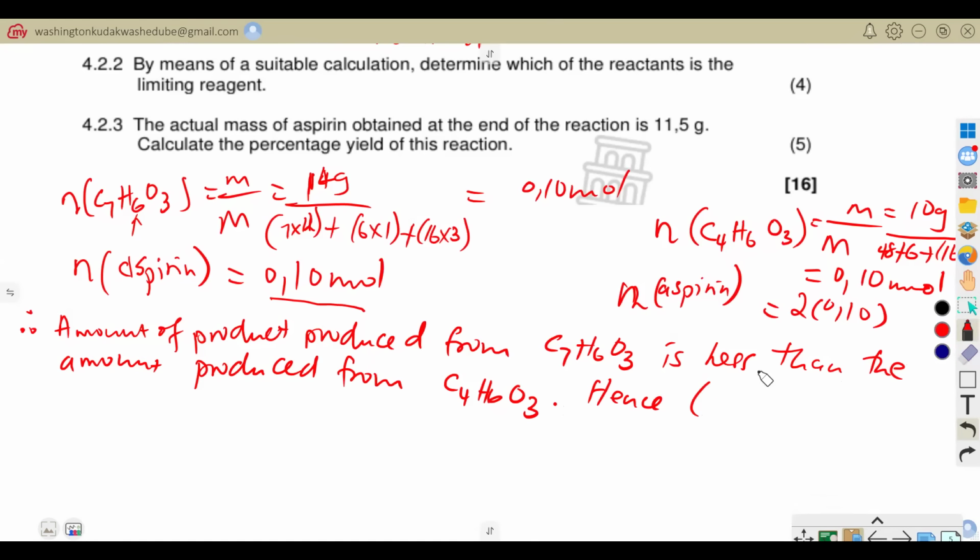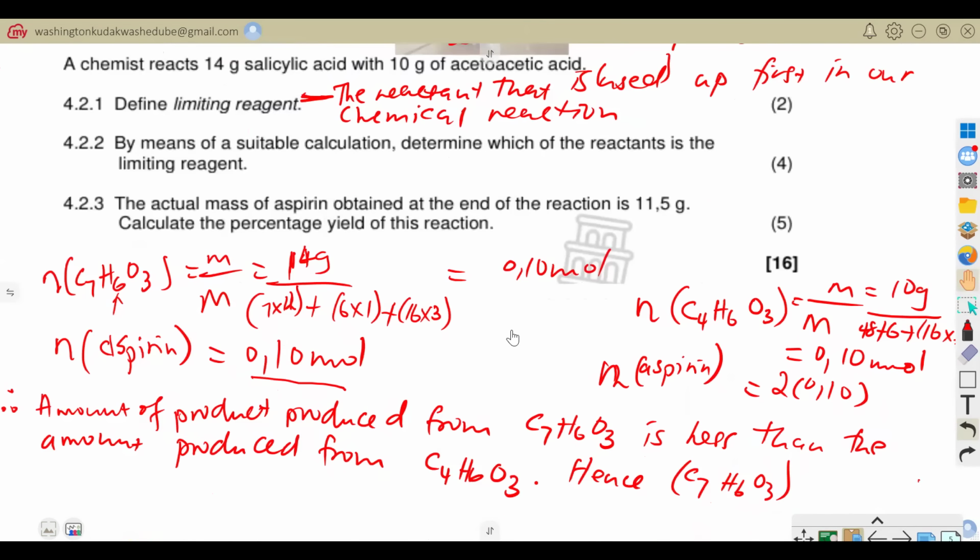Hence, our salicylic acid, which is C7H6O3, is the limiting reactant. Let me copy the spelling of salicylic acid because at some point I'll end up writing the wrong thing here. So that is salicylic acid. Yes.